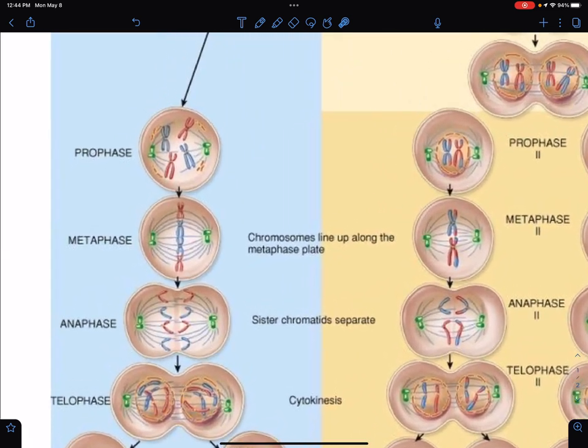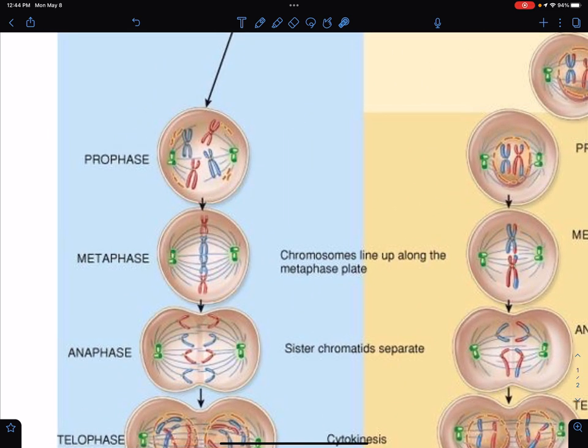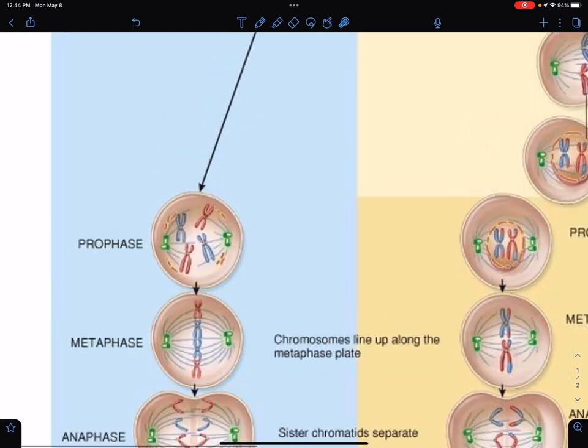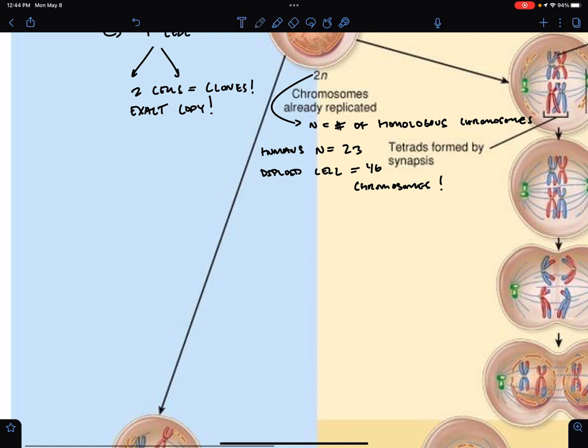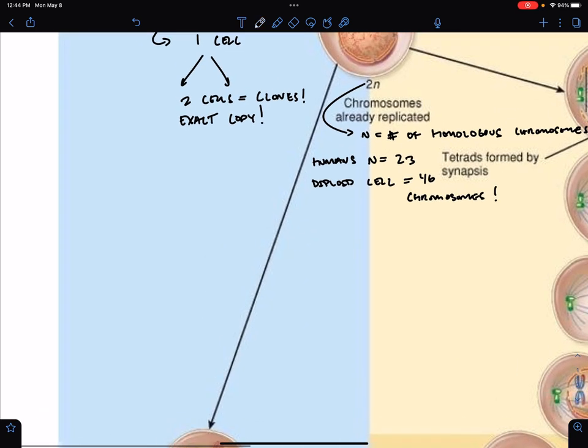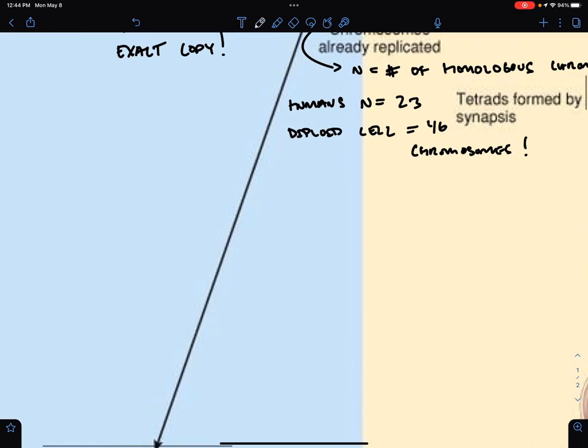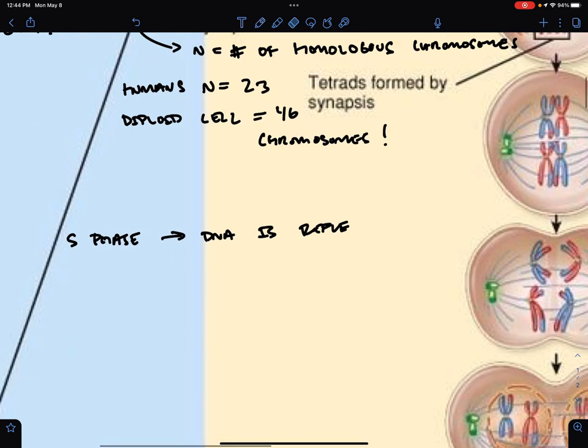We've talked about this in relatively great detail, but you all know that in interphase, the cell does its normal cell life, and then also within interphase, there's a phase called S phase, and the DNA is replicated.